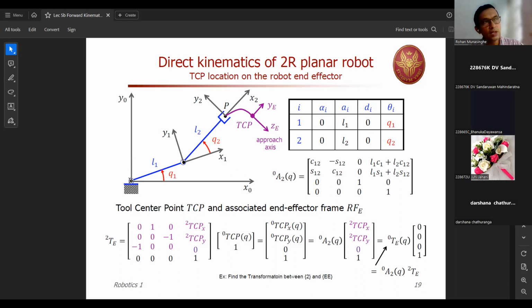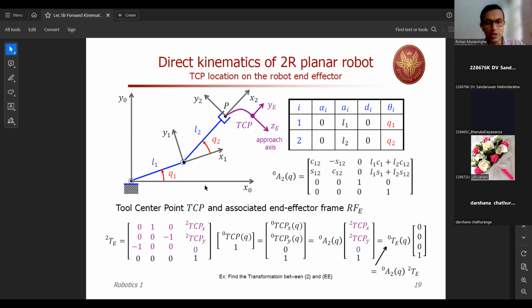Now, if I give you a little recap of what we did last time, because without this, it's extremely difficult for you to understand this mathematics, right? This x0 and y0 is the base coordinate frame. Base is not moving, it is fixed. So you can arbitrarily assign x and y.